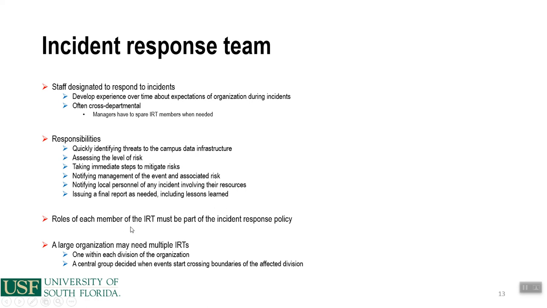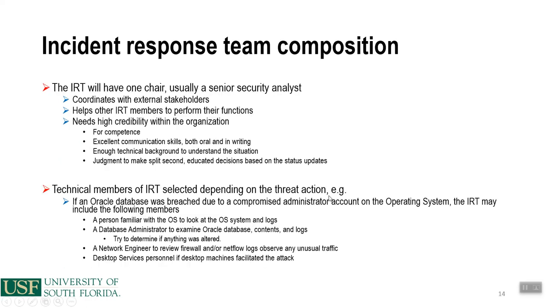The roles of each incident response team member must be part of the incident response policy. So in the policy, you define the roles of each member of an IRT. A large organization may need multiple IRTs, one within each division of the organization, and a central group that decides when events start crossing boundaries of the affected division.